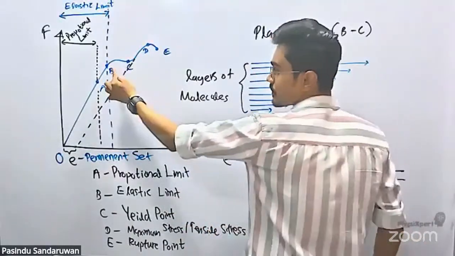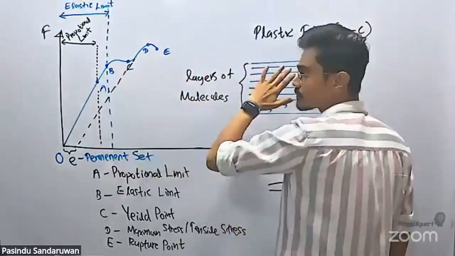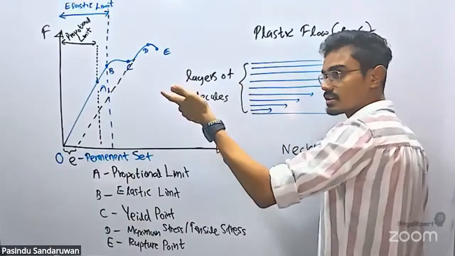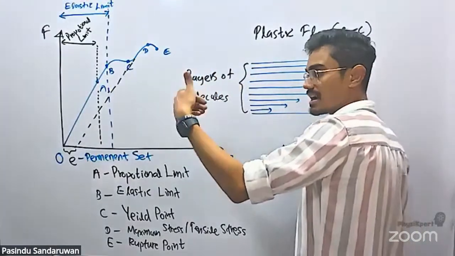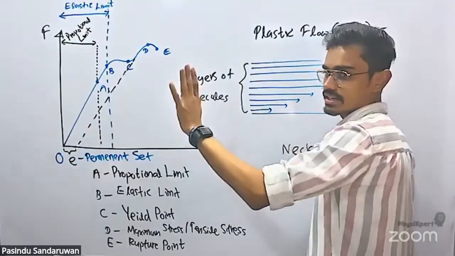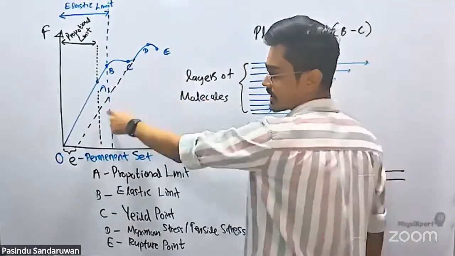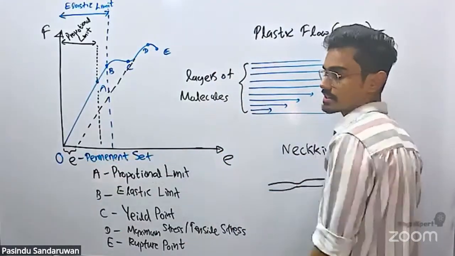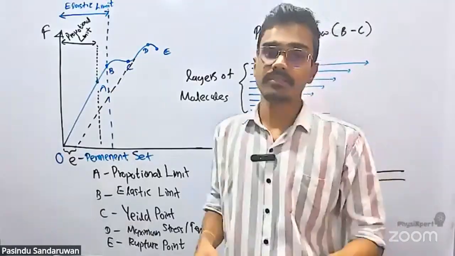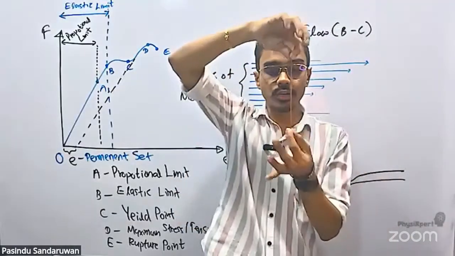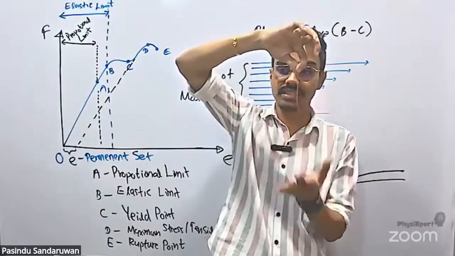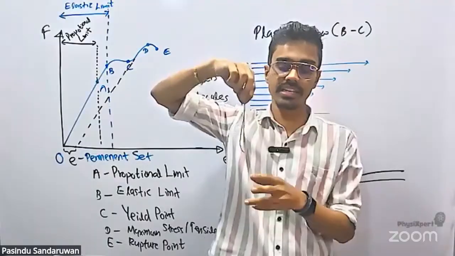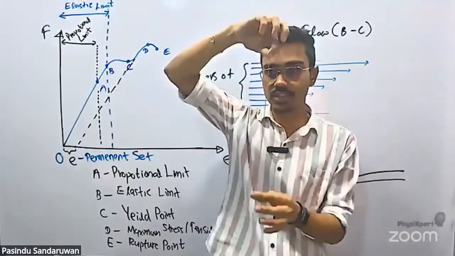So the behavior of the object between B and C is called a plastic flow. Plastic means the opposite of elastic. So when it starts the plastic flow, there's no comeback again. That is why it retains a permanent set. Once the force is removed, it comes back, but not to the initial length. It stops somewhere in between.